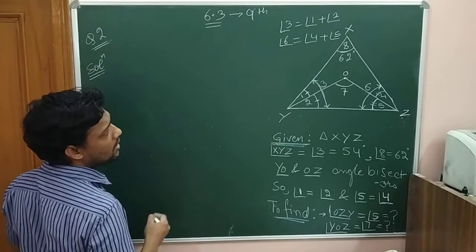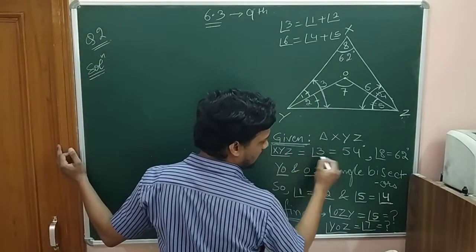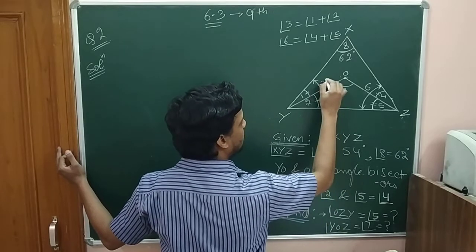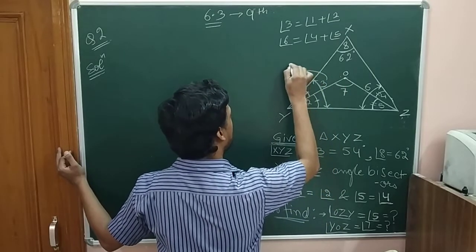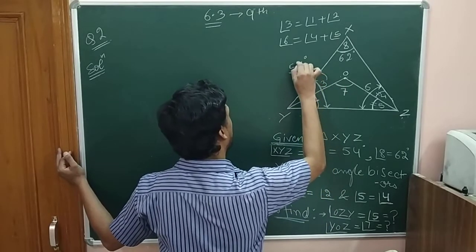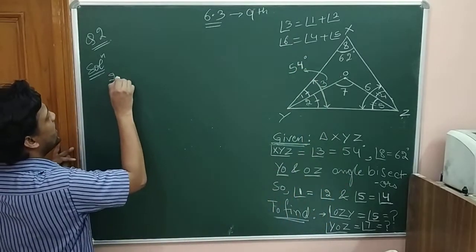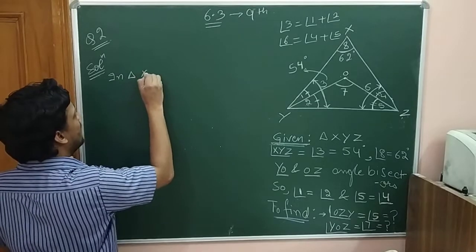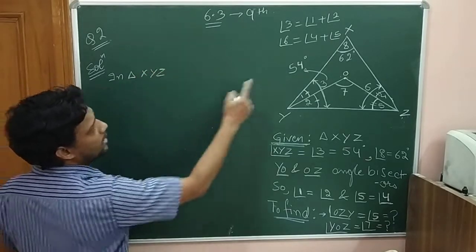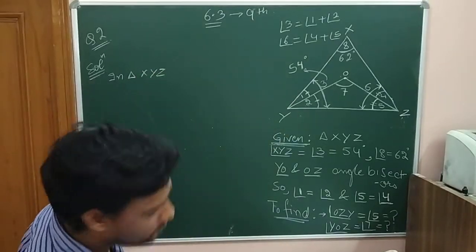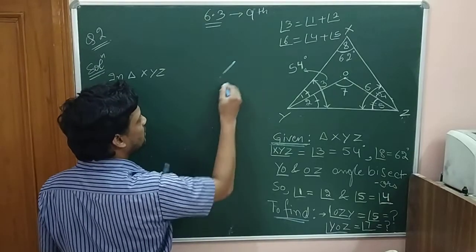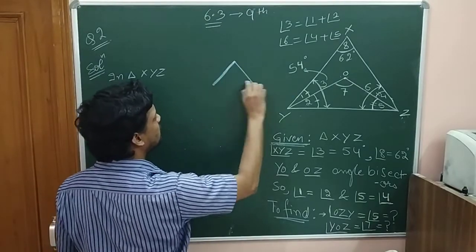Solution. First of all, we are given that angle 3 is 54 degrees. Now, in triangle XYZ, suppose this is the triangle.